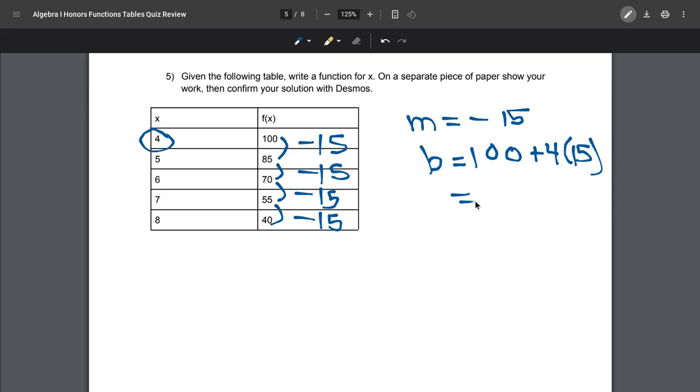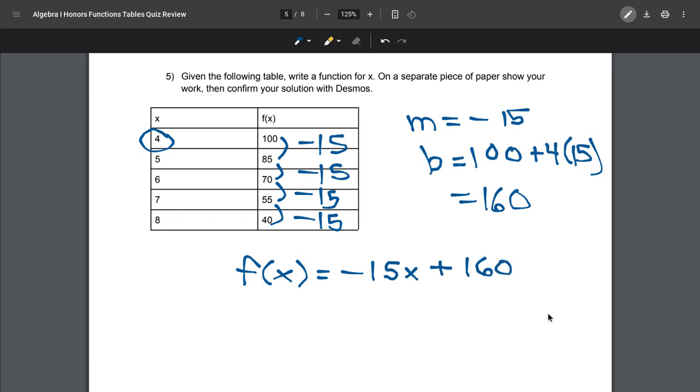So that's going to be 160, if you work it back towards 0. So my function is going to be f of x equals negative 15x plus my intercept, 160. And we're done with that one.